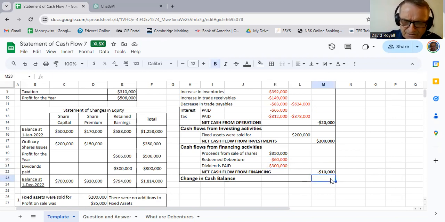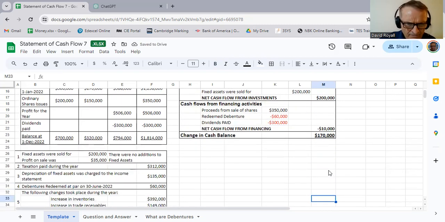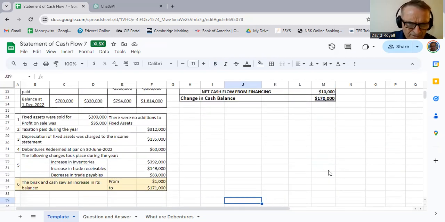So let's now put these figures together. So we saw a cash net outflow of negative 20,000, but we raised 200,000 by selling assets, and we had a negative balance there. Okay. Does that reconcile?